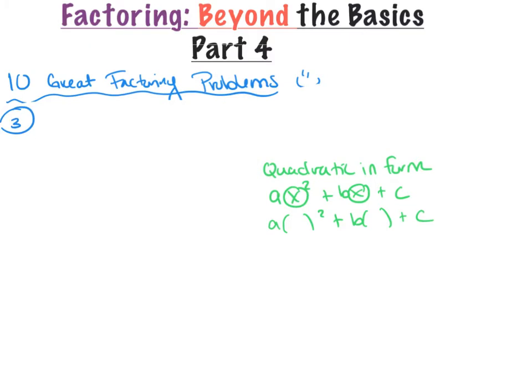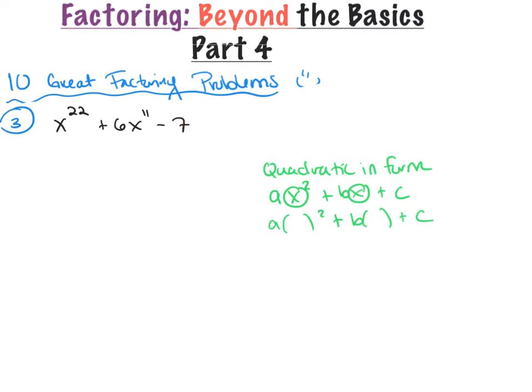For our third example, let's try x to the 22 plus 6x to the 11 minus 7. So notice this is also quadratic in form. The first exponent, 22, is double the middle exponent, which is 11, and then there are no x's. It's a constant at the end.